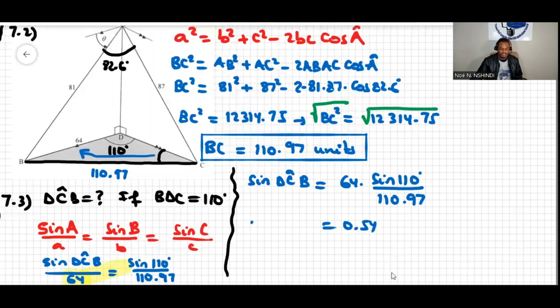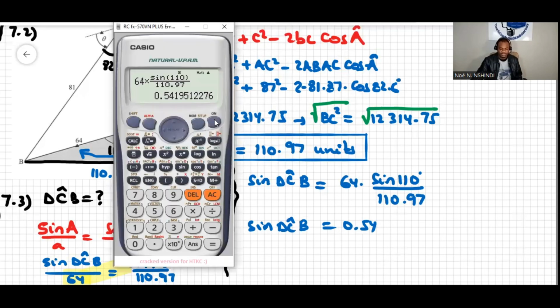So now sine DCB equals 0.54. Then we can find the angle DCB by using the inverse function. We press shift and then sine, 0.54, close brackets, and then we get 32.68.